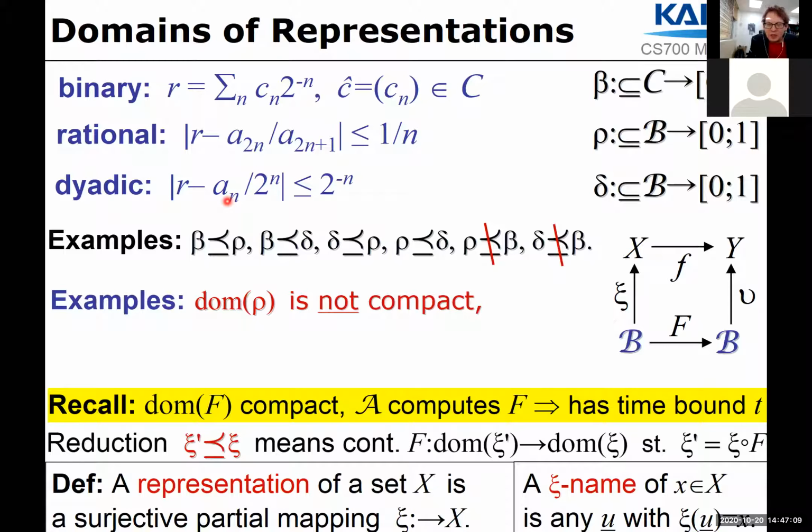And according to our criterion for compact subsets of Baire space, remember König's lemma, compact subset of Baire space means finitely branching and closed. So if we have the element a_n, the nth entry in a sequence, and we consider the (n+1)th one, then there are only finitely many successors, so that the subset of Baire space of all names of the unit interval is indeed finitely branching.